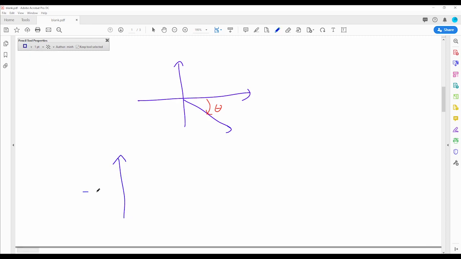If the vector was in the third quadrant, similar to before, we can easily find this angle here, but that's not the argument. That's just the angle between the x-axis and that vector. The argument is actually measured from the positive x-axis, so we have to go from here to our vector. So that's actually arg z.